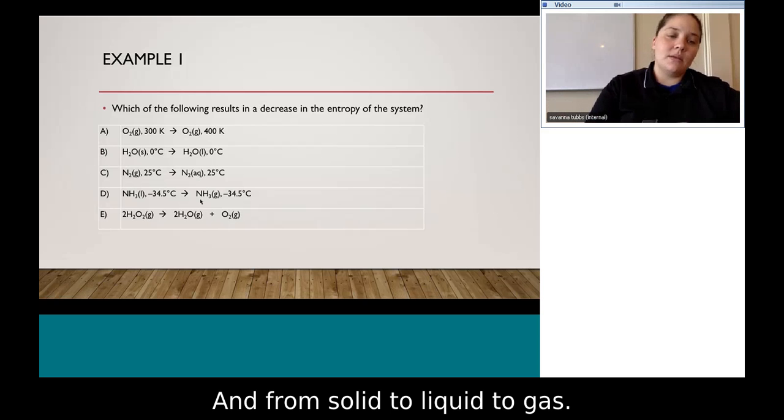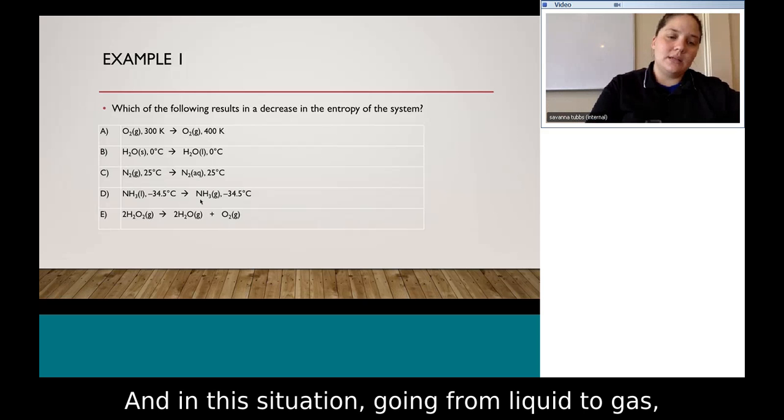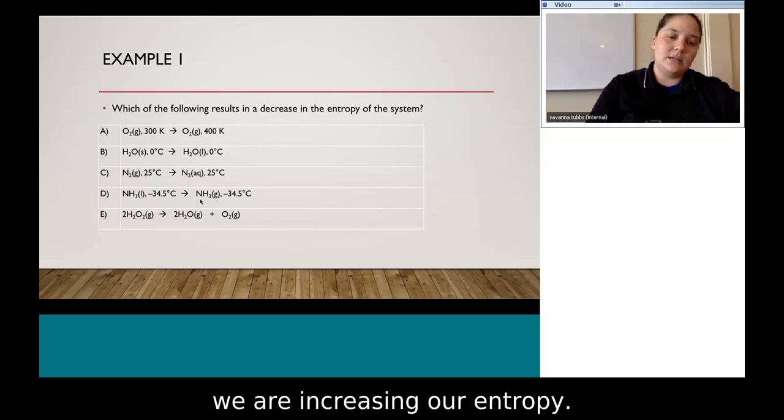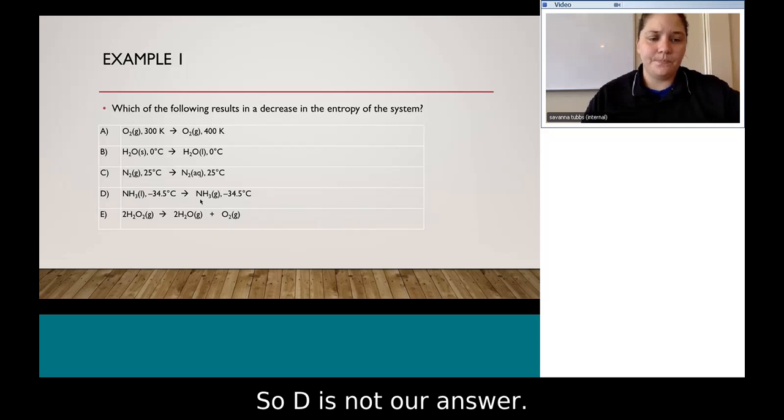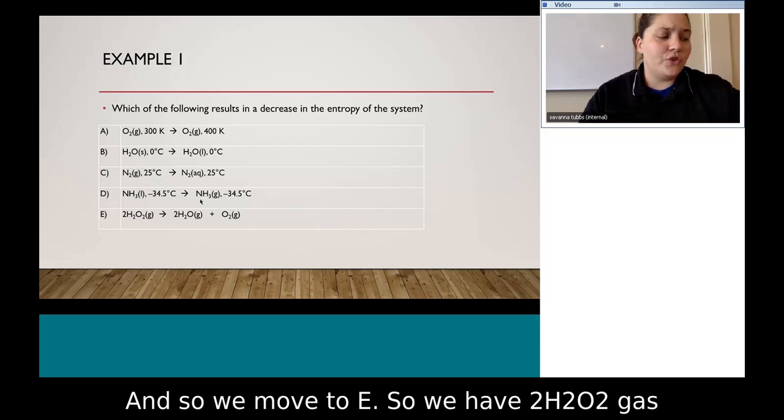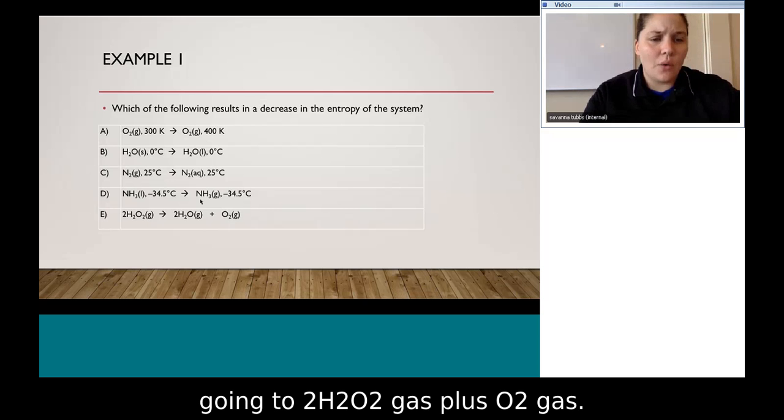From solid to liquid to gas, and in this situation, we're going from liquid to gas, so we are increasing our entropy. So D is not our answer. And so we move to E. We have 2 H2O2 gas going to 2 H2O gas plus O2 gas.